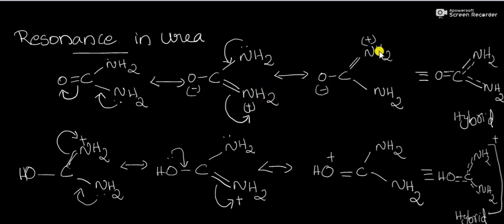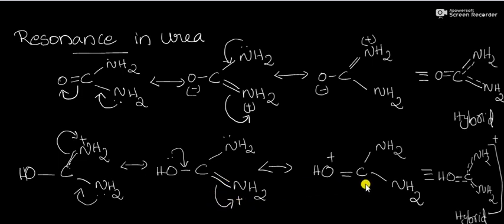When this negative charge accepts a proton, it will be converted into this salt cation, which is also resonance stabilized by the donation of lone pair of electrons from nitrogen, and the double bond will shift to nitrogen. We get this structure. Again, the lone pair of electrons present in oxygen can shift to this bond, and this double bond will shift to nitrogen.